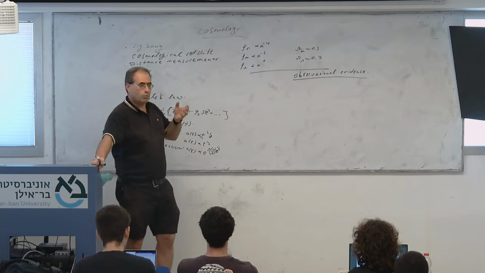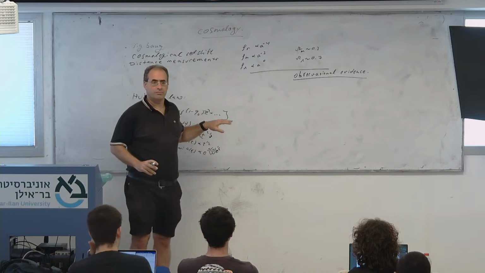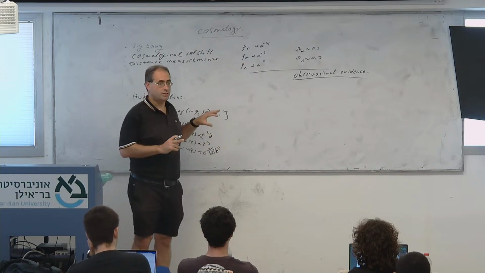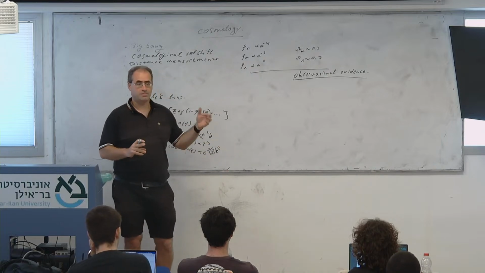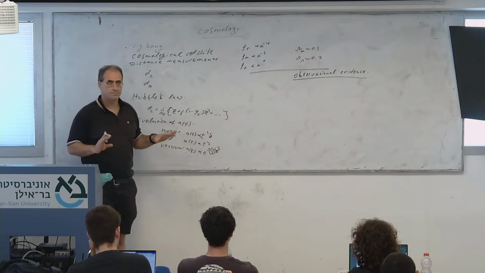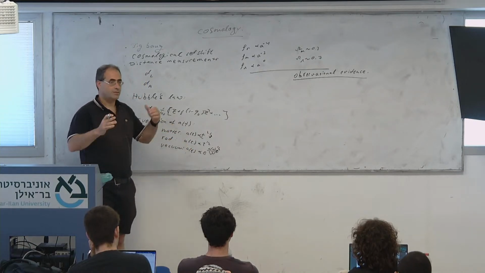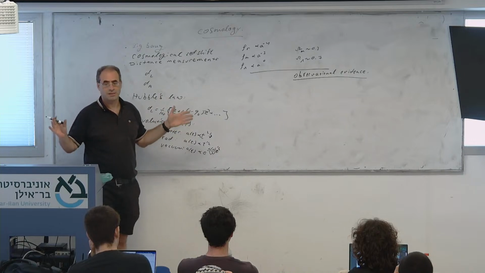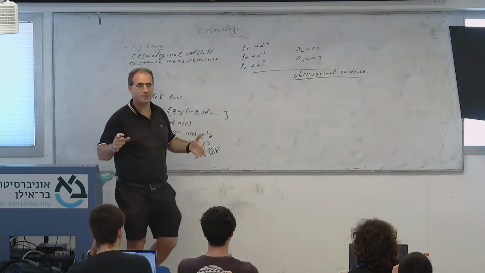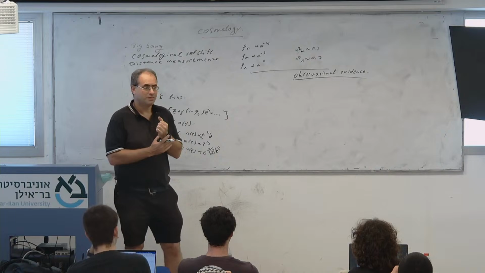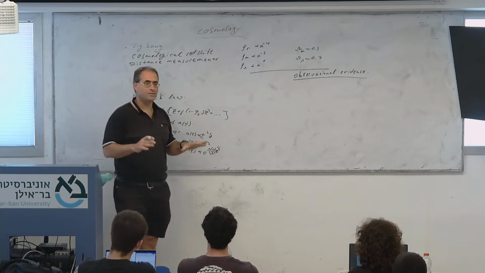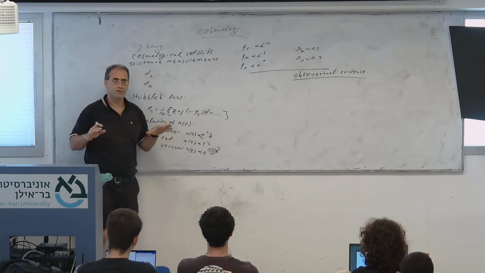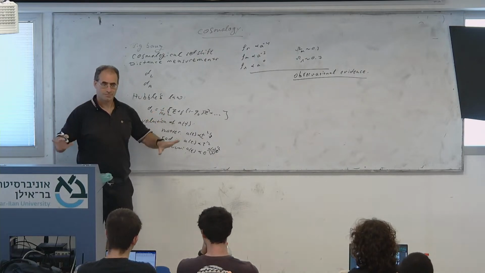Remember what went into the derivation of the Friedmann equation. Friedmann equation is really Einstein's equation plus the Robertson-Walker metric. We spent half of the semester deriving Einstein's equation. So the underlying assumption is that the universe behaves according to Einstein's equation. Period.